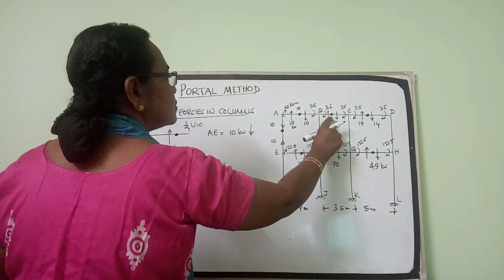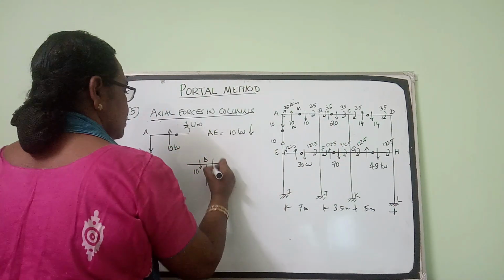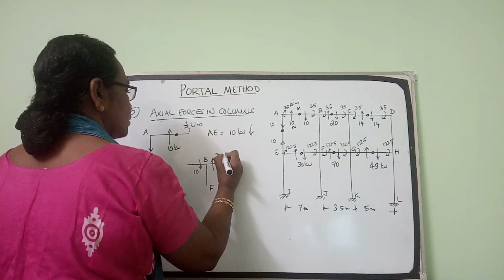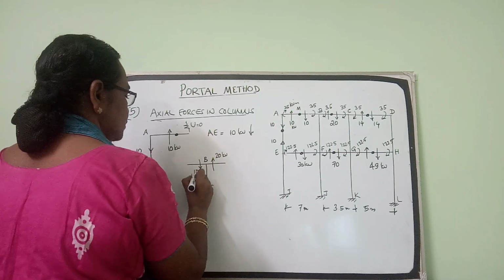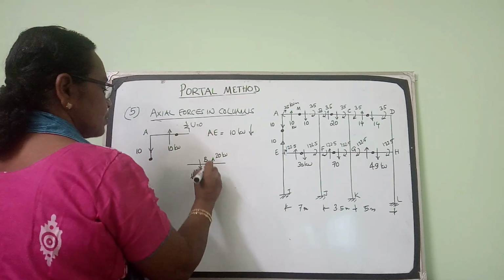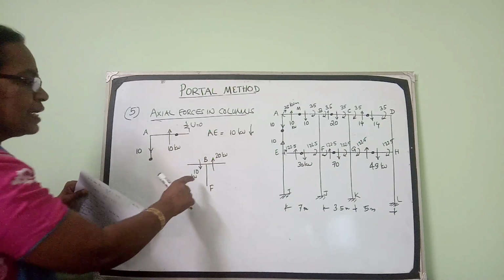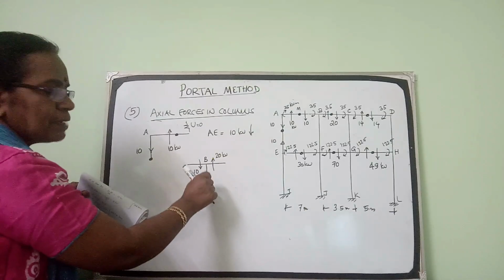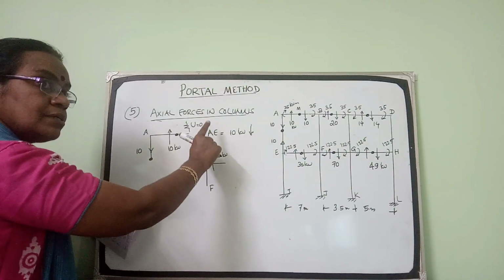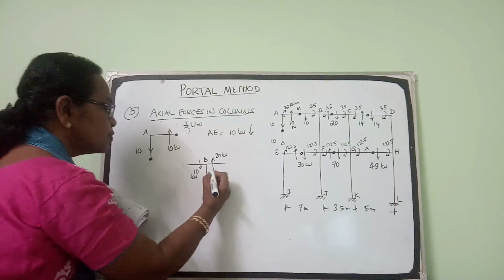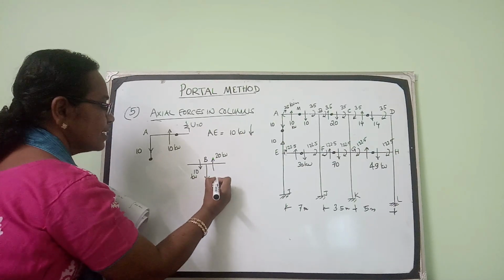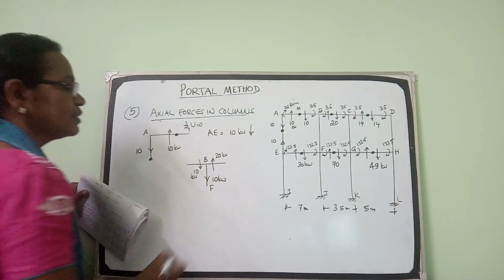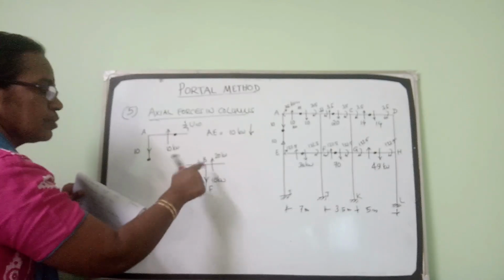Shear force in the beam on the right side is 20 kilonewton upwards. So what should be the axial force in column BF? What is the unbalance here? 20 upwards, 10 downwards. So the unbalance is 10 kilonewton upwards. So this column force should be 10 kilonewton downwards, so that sigma V equals 0.